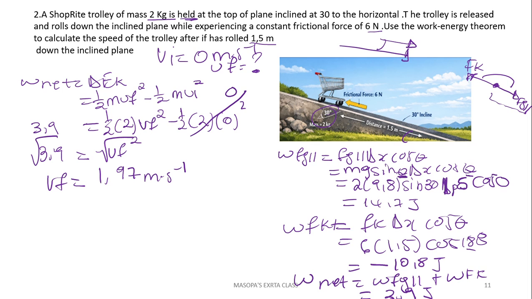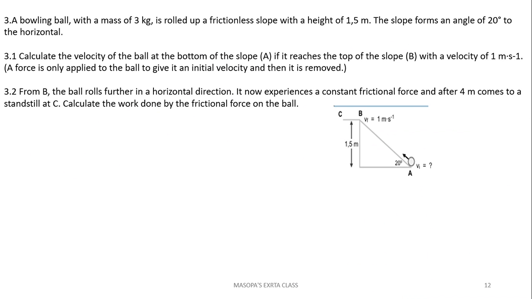Now let's look at this one. This is a combination of when we are given friction as well as when you are not given friction, meaning when the object's energy is conserved or when it's not conserved. Now hear me out. If there's no presence of friction, we can also use this to calculate whatever you are being asked.